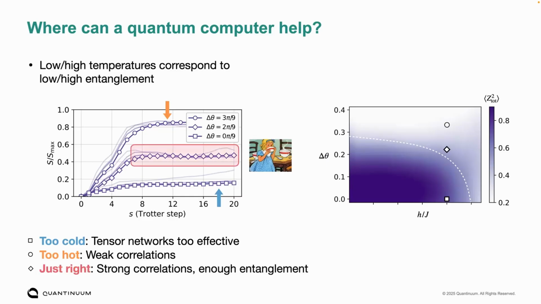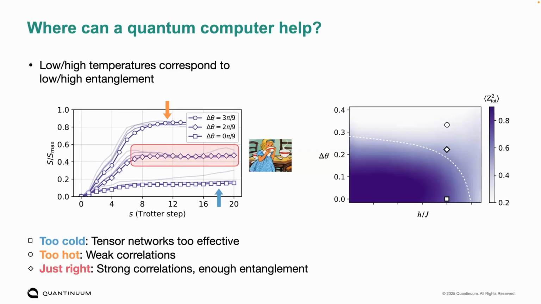And so the optimal spot to work to do something on a quantum computer that's challenging classically is in this intermediate regime where you could, for example, sit next to where this expected thermal phase transition would be and have strong correlations, relatively large entanglement, and still a lot of non-trivial signal in the system in its thermalized state.